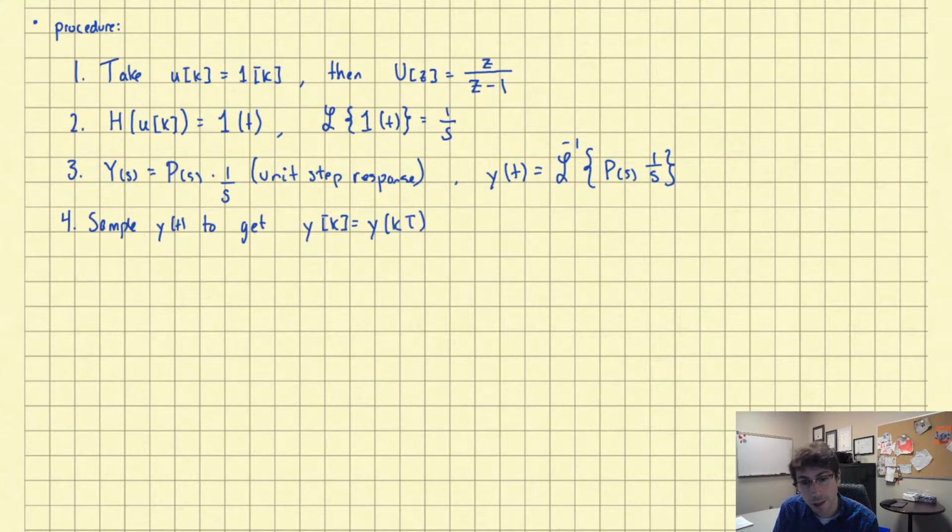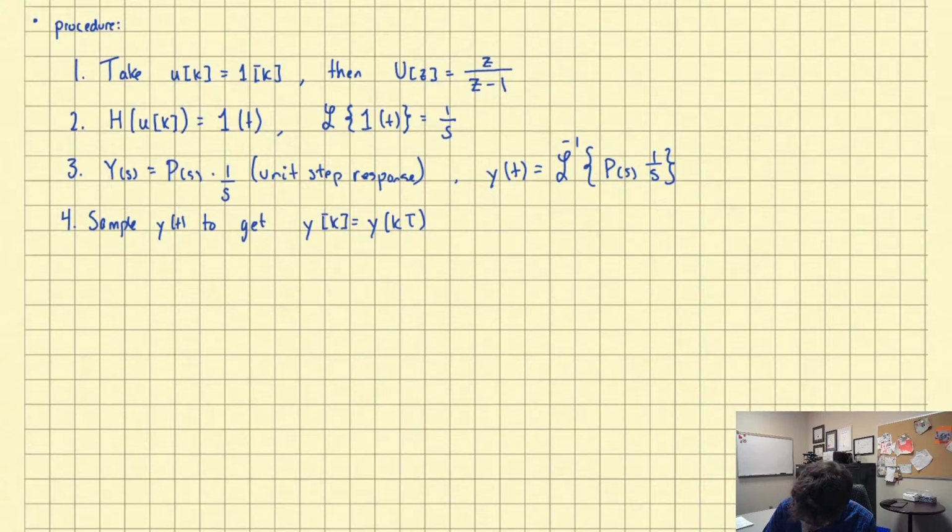Okay. I don't have a concrete expression for y of t, I just have that Laplace inverse. So let's write this as I take that Laplace inverse and I evaluate it at t equal to kT. Okay, so now we have y of k. We can get y of z from it.